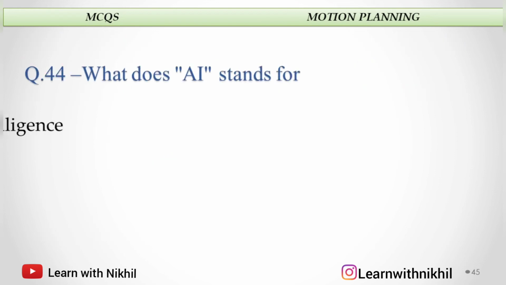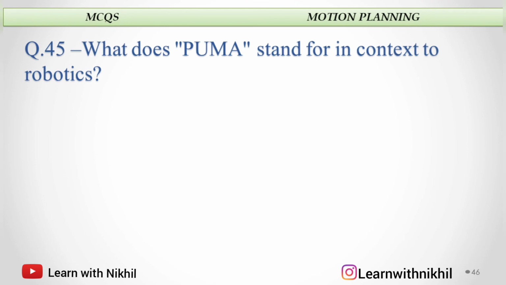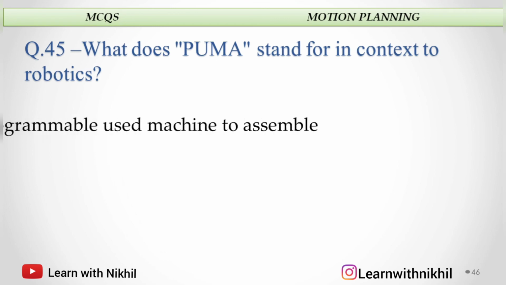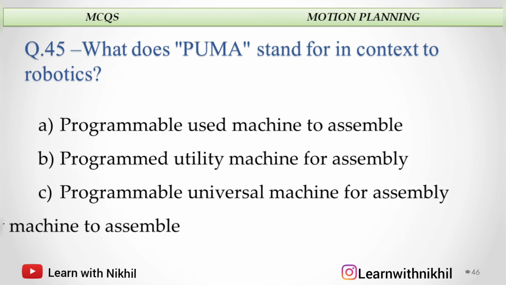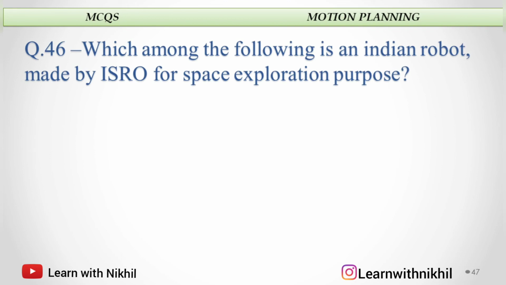Next, what does AI stand for? As you all know, it stands for artificial intelligence. What does PUMA stand for in robotics? The full form of PUMA is Programmable Universal Machine for Assembly. Which among the following is an Indian robot made by ISRO for space exploration purposes?